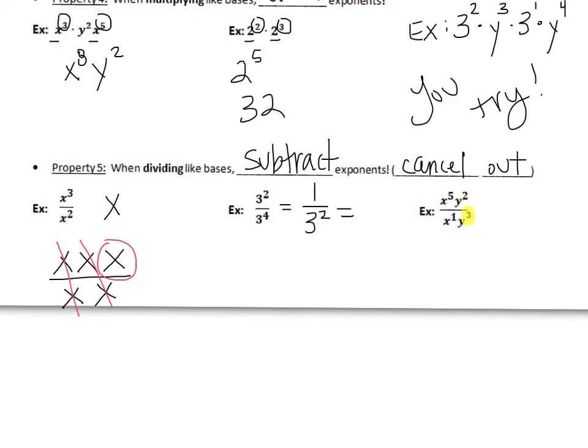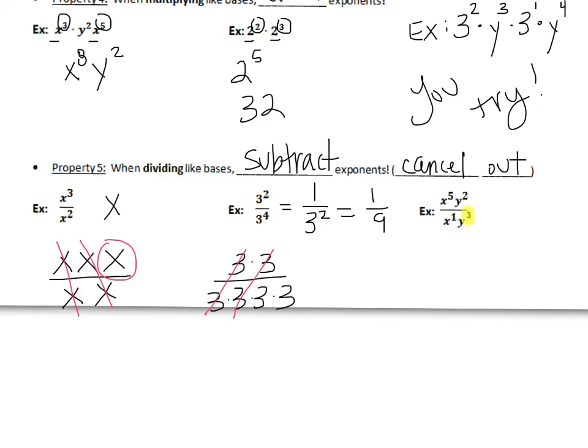And so then we simplify. 3 squared is really 9, so it's 1 over 9. Again, if you wanted to, you could use the canceling out idea. So 3 times 3 over 3 times 3 times 3 times 3. And then we cancel out 1 for 1, 1 for 1. And you notice you have 2 3's left on bottom. You multiply those to get 9. And again, you can't leave your numerator empty, so you would put a 1 there.